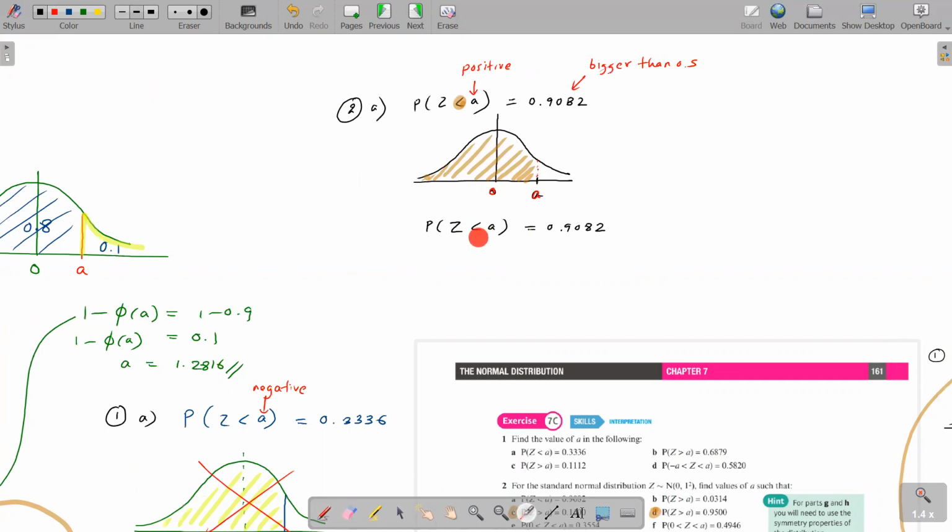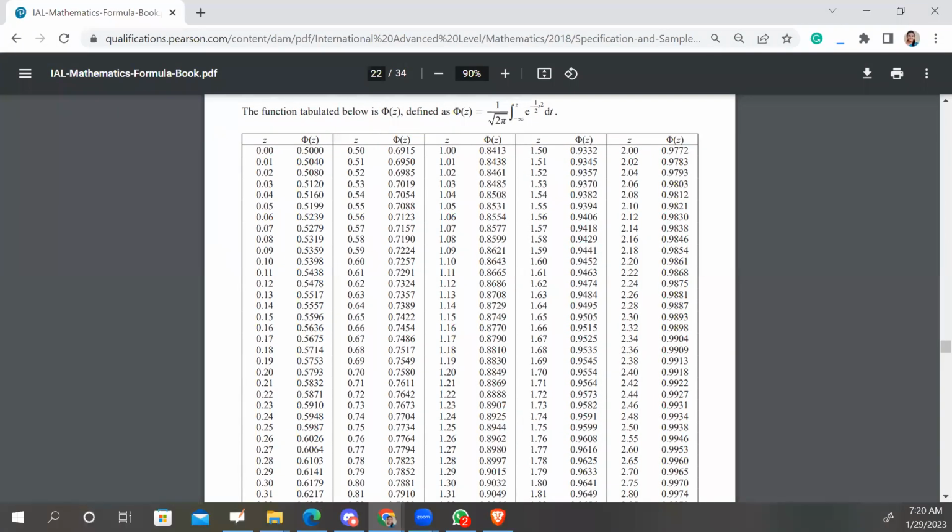Here this is less than, that's what we want, and it's behind A. So this is basically phi of A. Do you recall I gave you this notation phi? If you are having the area behind, this is the format where you can directly use the table. So let's go for the table and search for 0.9082.